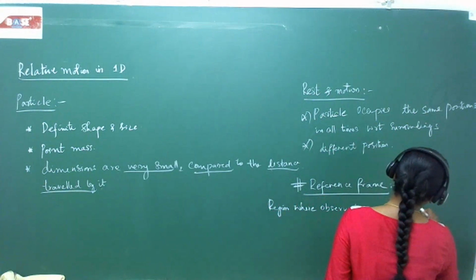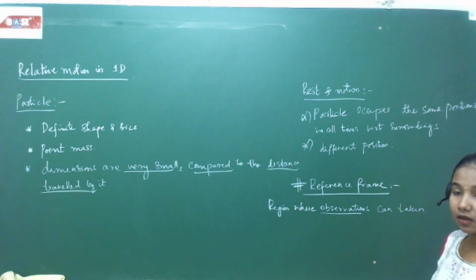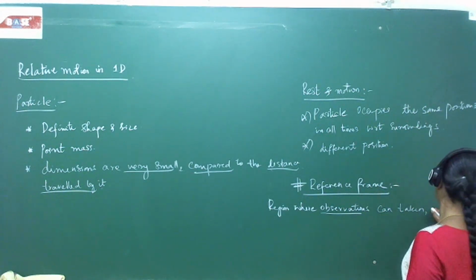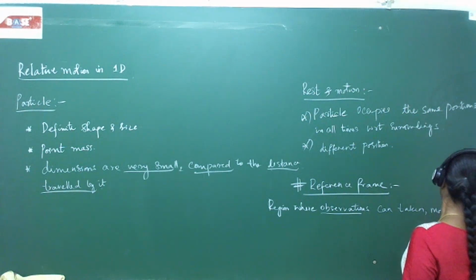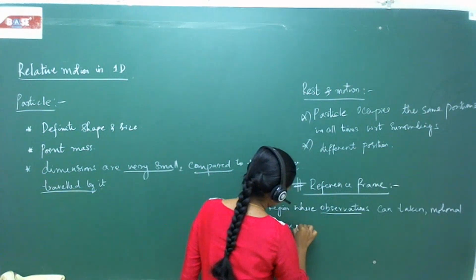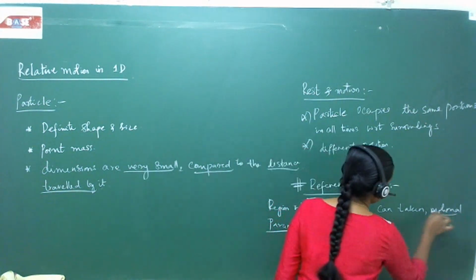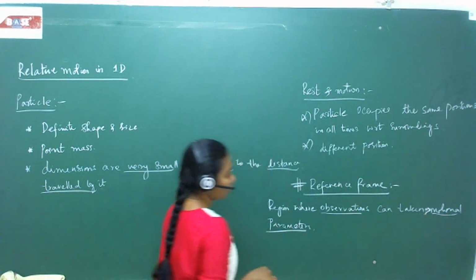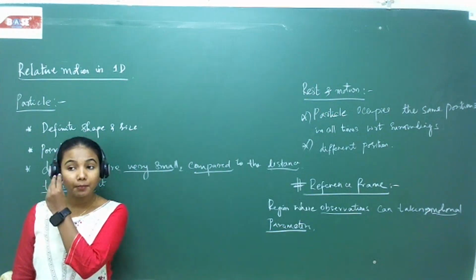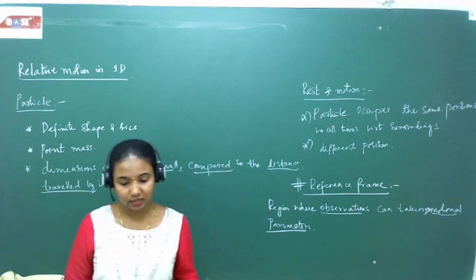What kind of observations is that observer taking? He is taking observations of motional parameters. Such a thing is called a frame of reference.